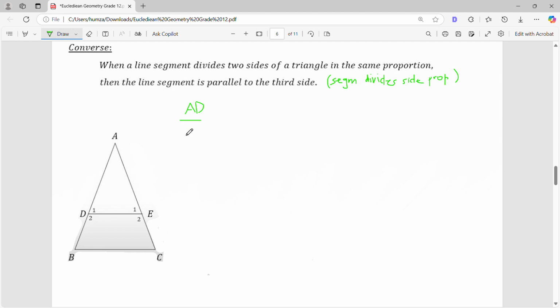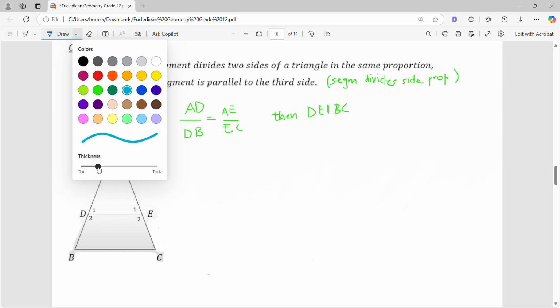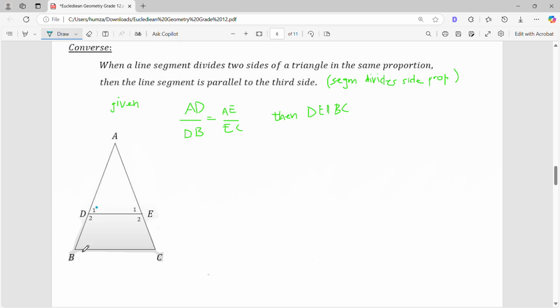Now we can say when it is given that AD over DB is equal to the ratio AE over EC, then DE is parallel to BC. Because DE is parallel to BC, angle D is equal to angle B. Why?